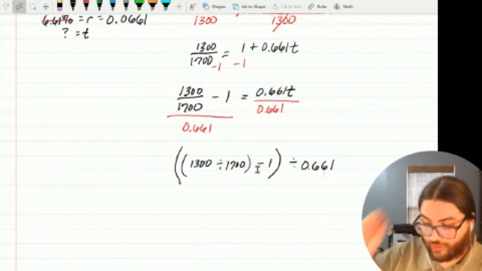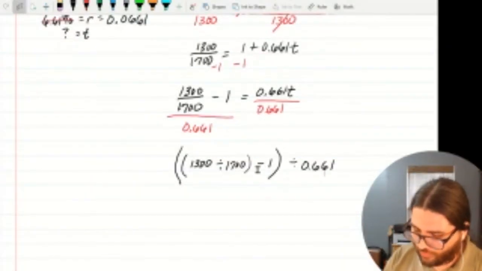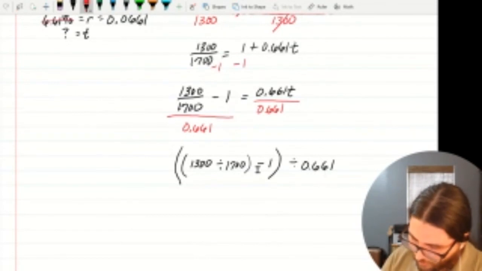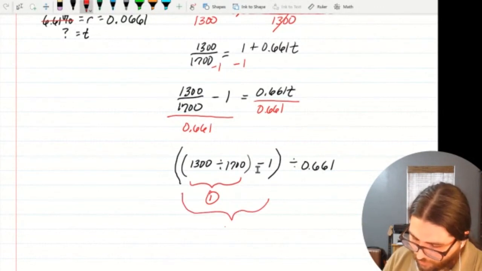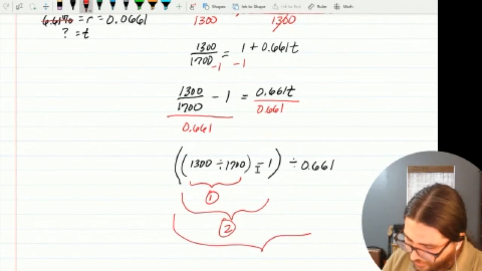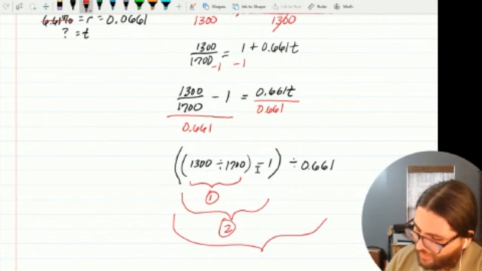And you could do that with 2 steps in your calculator. Some people will do this in individual steps in their calculator. They'll say, well, I'm going to type this part in first, press enter, and then do minus 1, and do this part second, press enter again, and then divide by 0.661 to do it in 3 steps in their calculator.